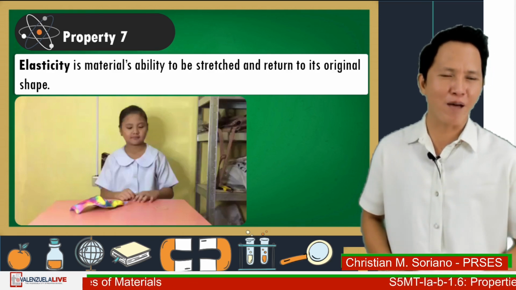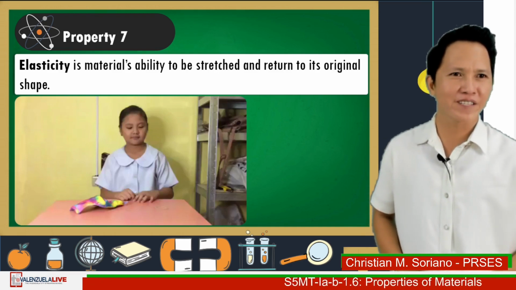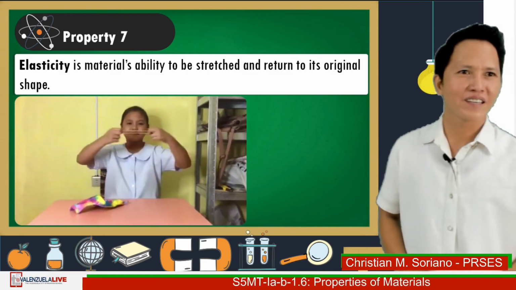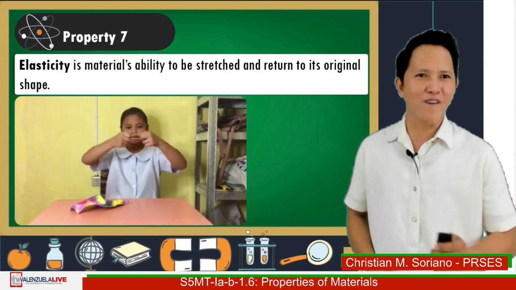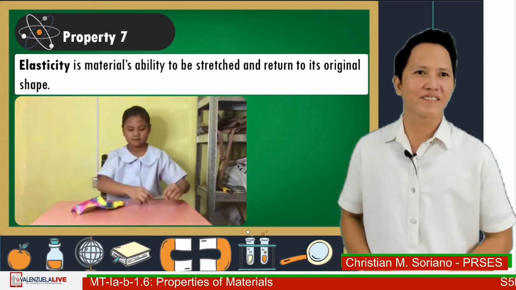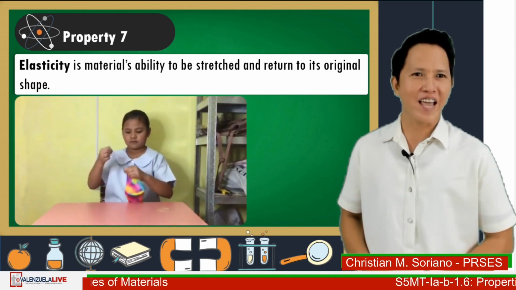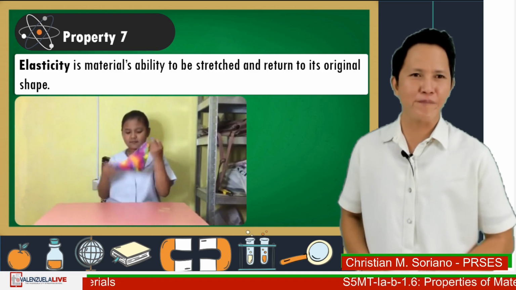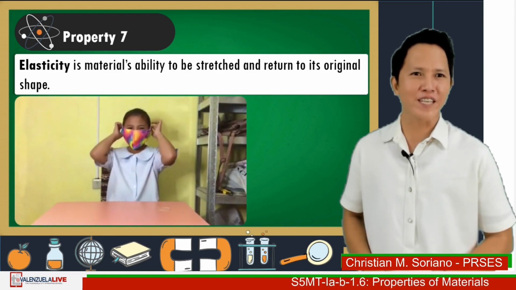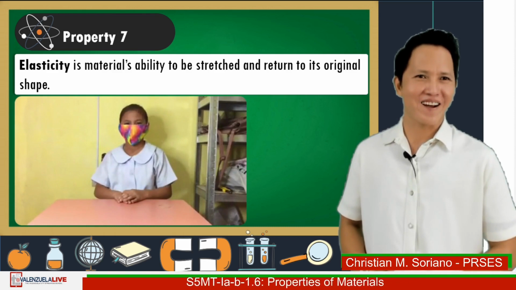Now, the student will demonstrate what are those elastic materials. Yes, rubber is an elastic material. And it returns to its original shape. And the rubber part or the garter part on your face mask is an elastic one. Okay?